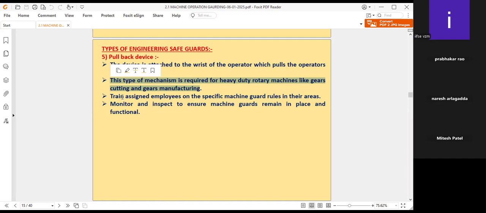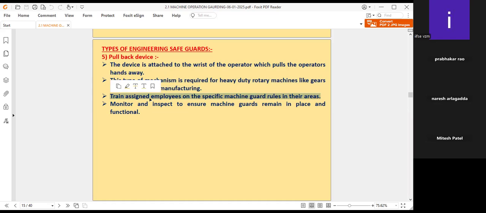Employees should be trained on the specific machine guard rules and their areas. Manufacturers should take care while using this pullback system, while preparing rotary machines, gears, and manufacturing units. They have to ensure that the training of the employees is thorough.